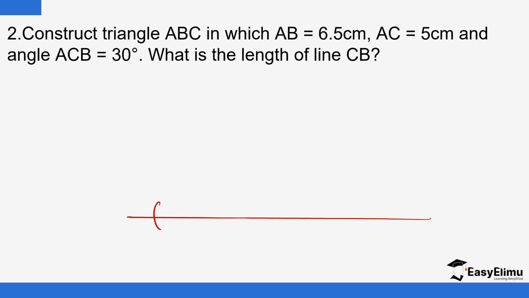So this is A and this is B. Then AC is 5 centimeters, but let me construct the angle first. The angle at B should be ABC.